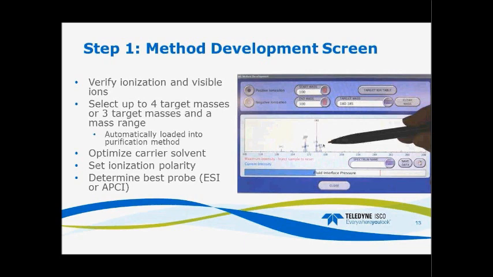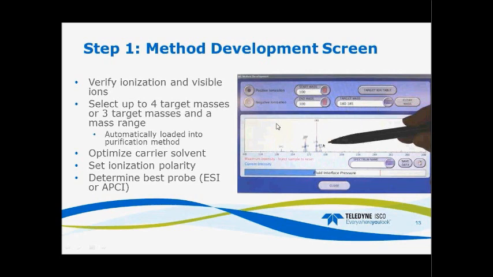To select those target masses, I simply display my spectra, and by using a pointer, I can select, in this case, maybe 180, 185, and you can see that that's displayed up here in this target mass window.